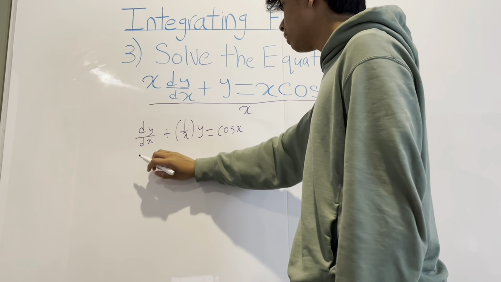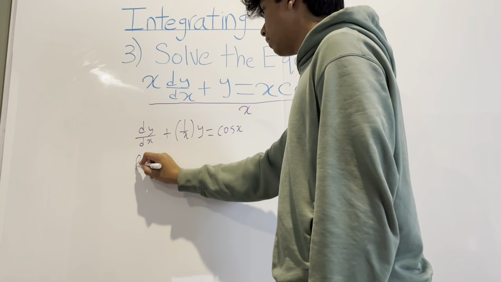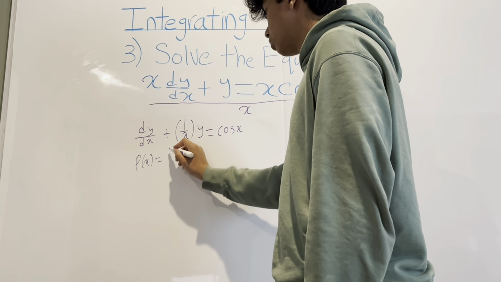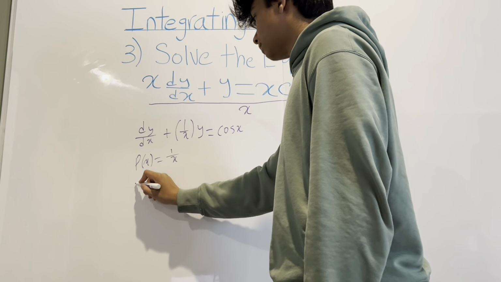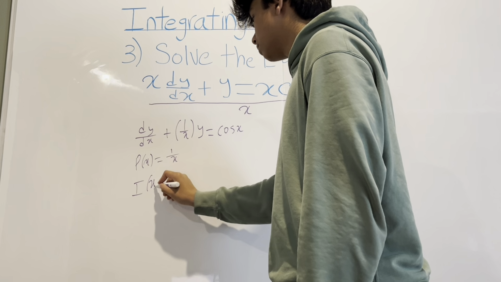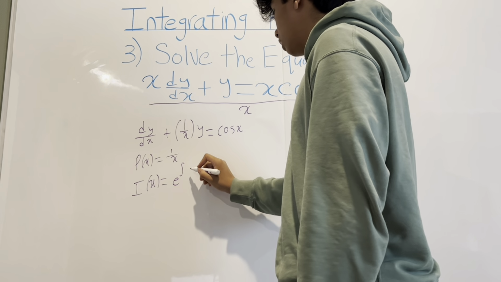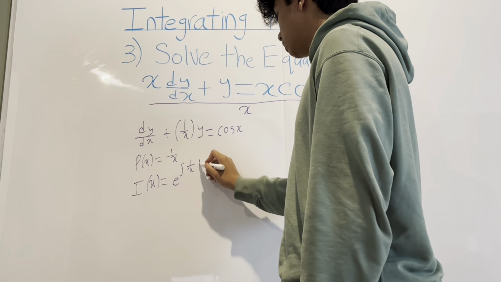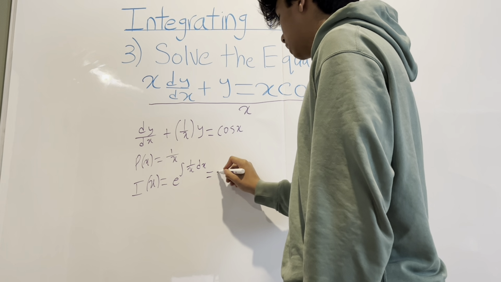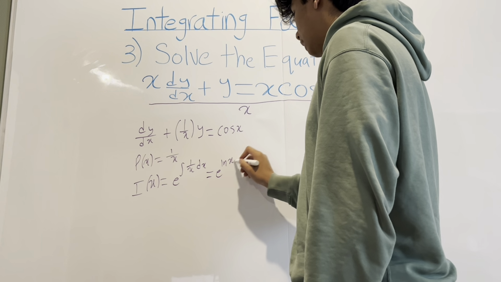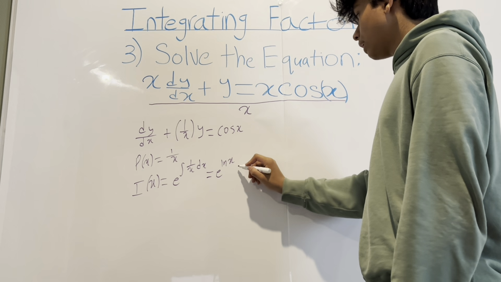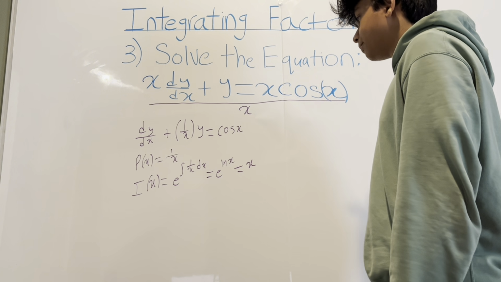and now dy over dx is by itself, and now p of x is equal to 1 over x, and I of x is equal to e to the integral of 1 over x dx, and this is just e to the ln x, and e to the ln x is just x.